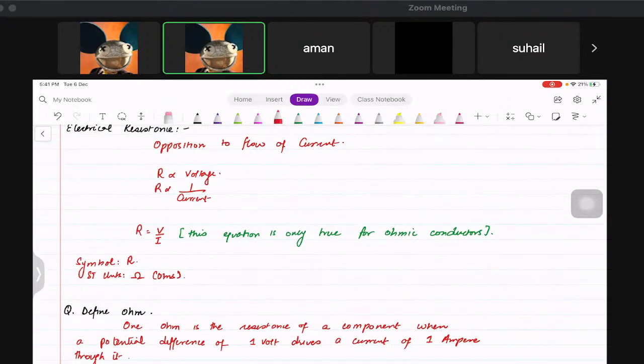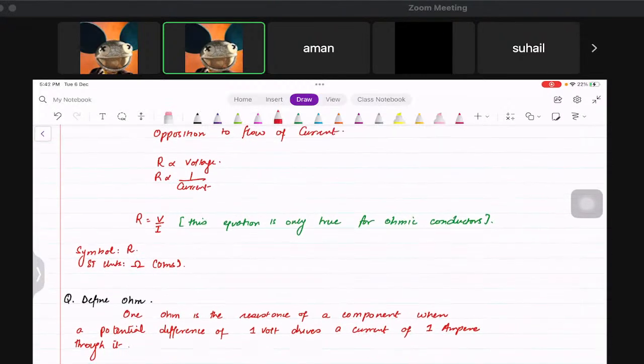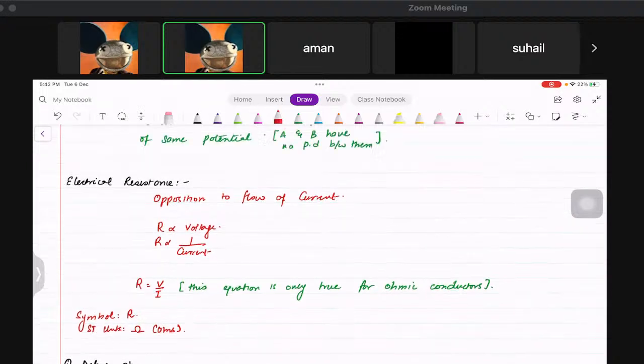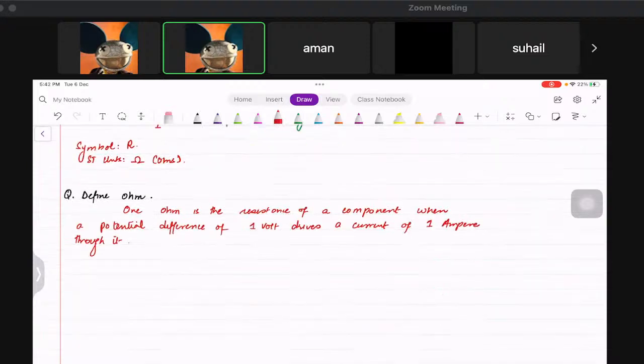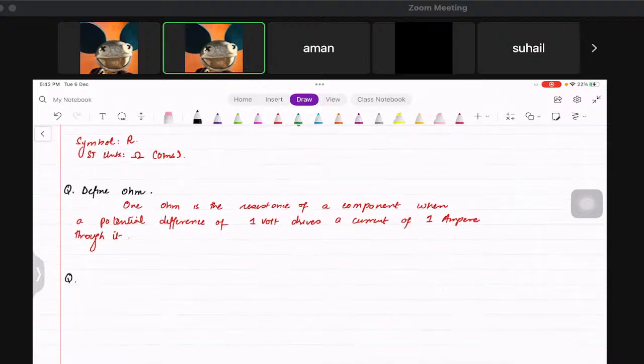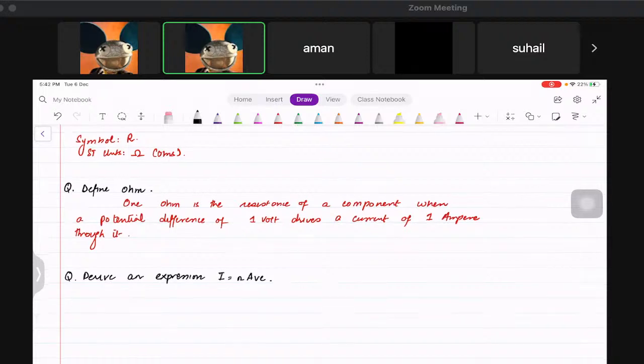Okay. Now, another question, which is basically: derive an expression I equals nAvE. This is also there. So we need to learn that this is very important.